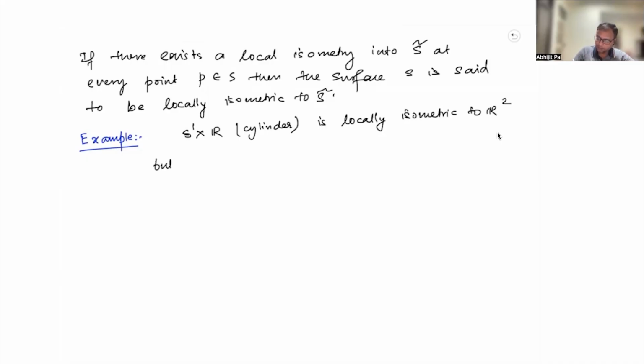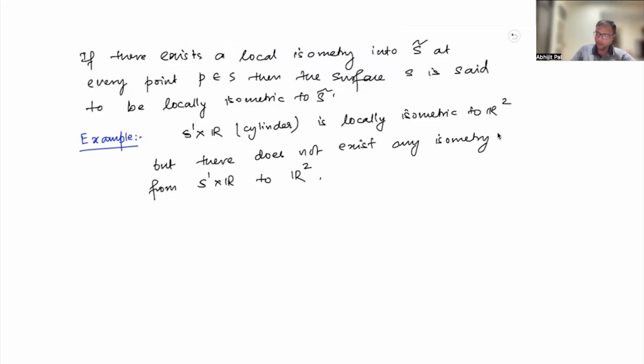But there does not exist any isometry from the cylinder to R2. Okay. All right. So how to show this thing?